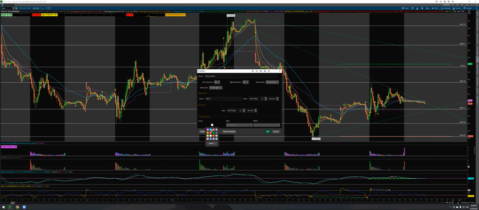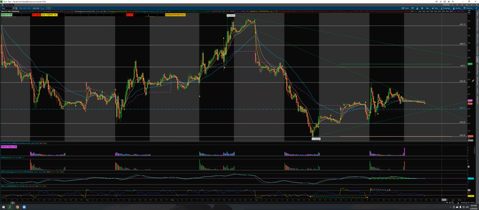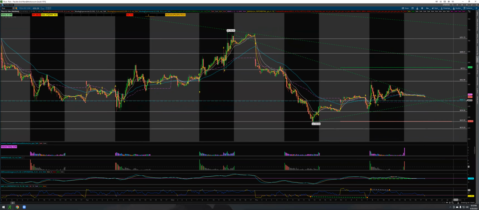So here we have Tesla, pivot to the upside, 664.71. If we break this down, downtrend, room to 662, 673. Breaking 644, room to 634, 625, 619.